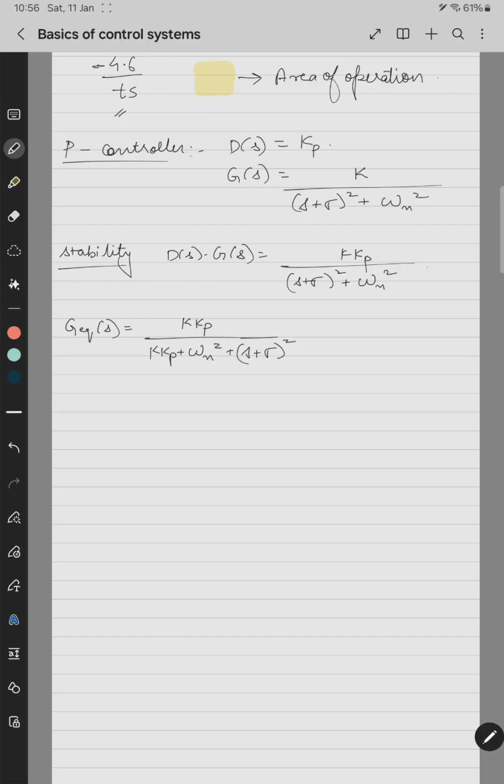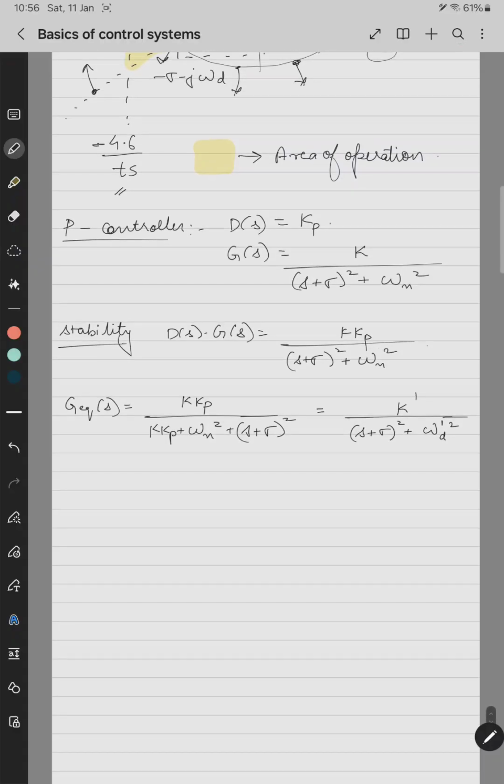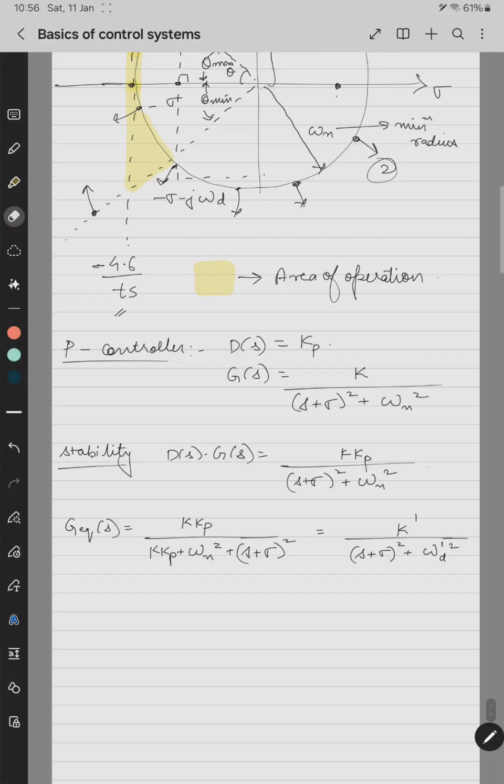For a proportional controller, the closed loop transfer function is also a second order system. Let's write it as K dash by (S plus sigma) whole square plus omega d dash square. Here it should be omega d, not omega n.